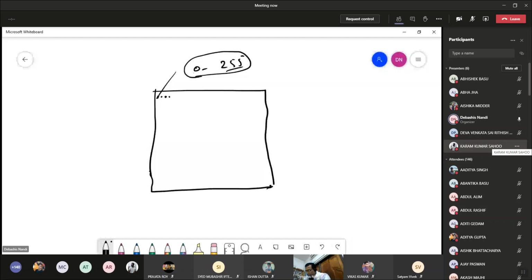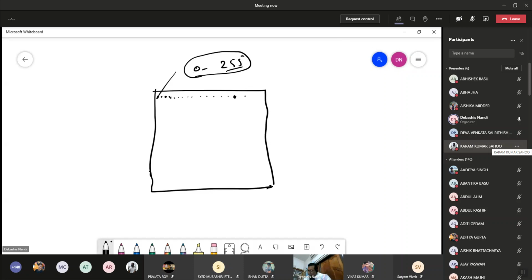So one image consists of a number of pixel points where each point gives you the pixel value, or light intensity value.